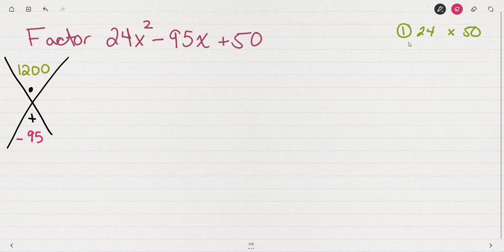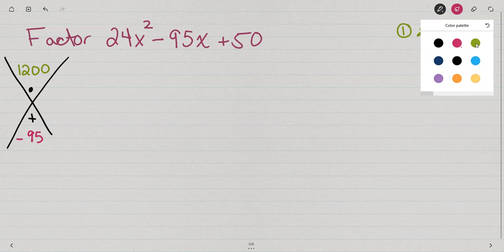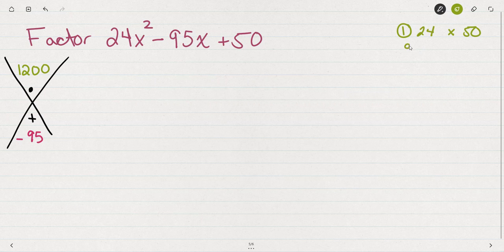So the first thing is I'm going to multiply 24 times 50 and fill the chart. Next, I'm going to solve the chart.